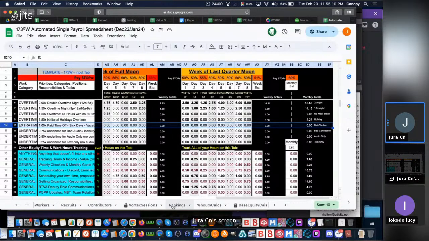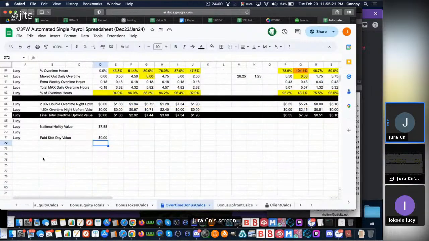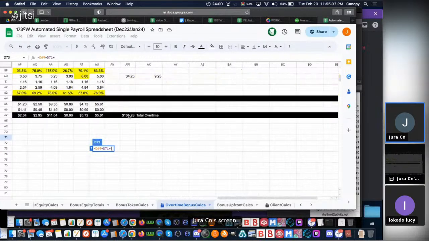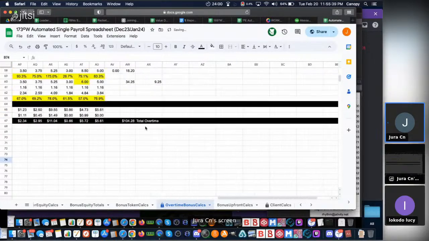Okay, so base upfront Calcs, bonus, overtime bonus Calcs. Perfect. All right, so then the last calculation, we can always add in a subtotal. So the subtotal would be equal to the national holiday plus the paid sick leave plus the nighttime. Right, so this is actually the nighttime total night overtime, or this would be like subtotal night overtime.